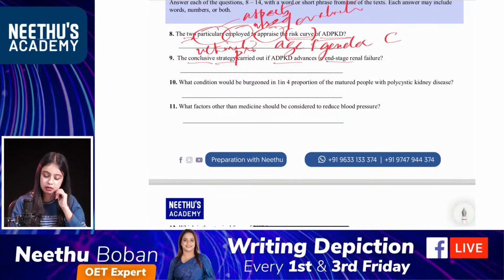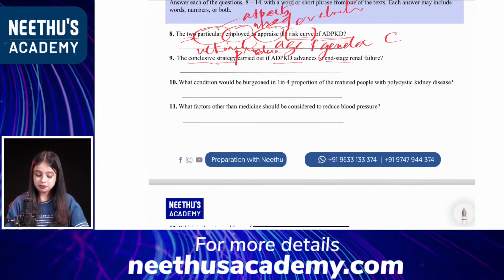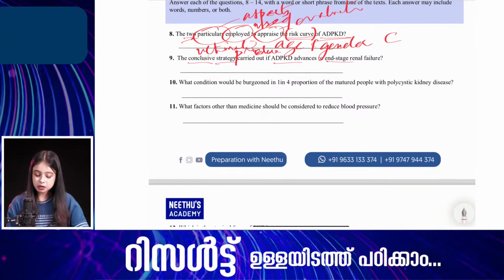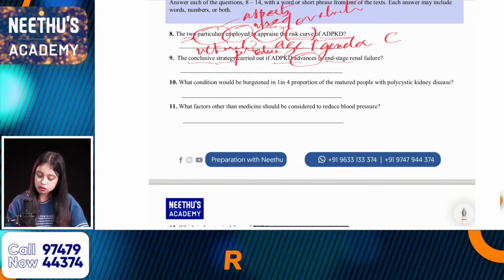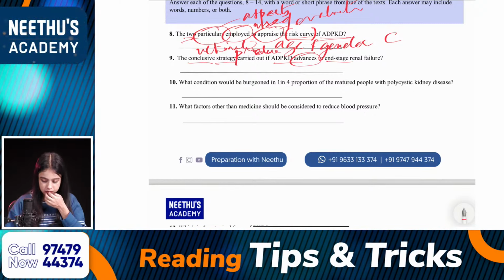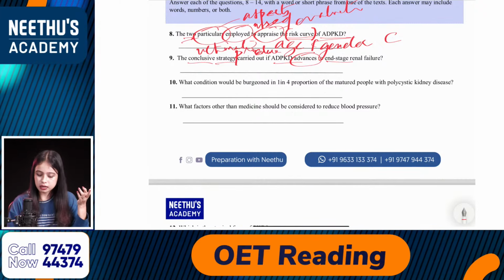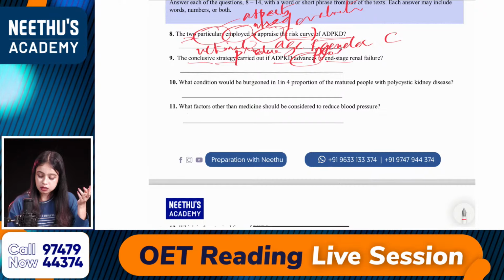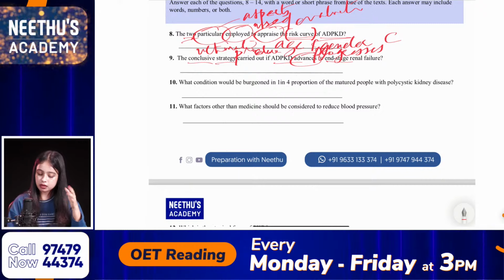Procedure, right? Yes, procedure. So the ultimate procedure carried out if ADPKD advances, which means progresses, to end stage renal failure. Yeah, the final stage.